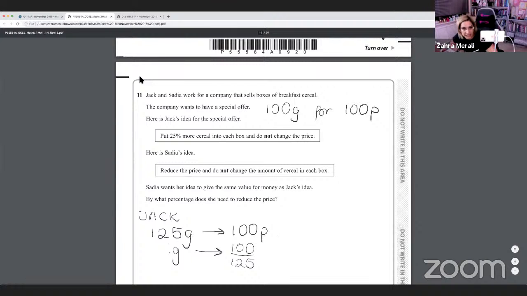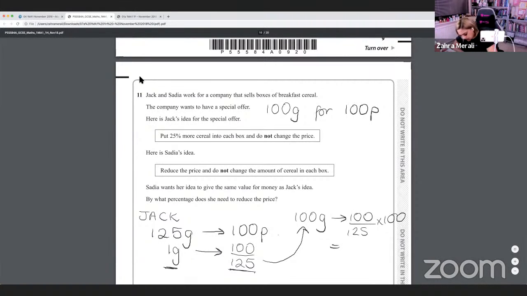Now, Sadia's idea is we do not change the amount of cereal in each box, we just reduce the price. So we're saying, okay, Jack gets to 100 grams being that, and we want to know, what would the original 100 grams be at that price? So we're going to times this side by 100.